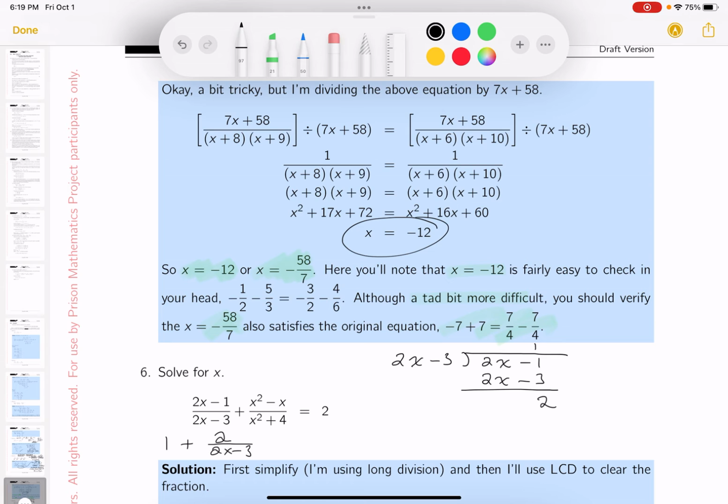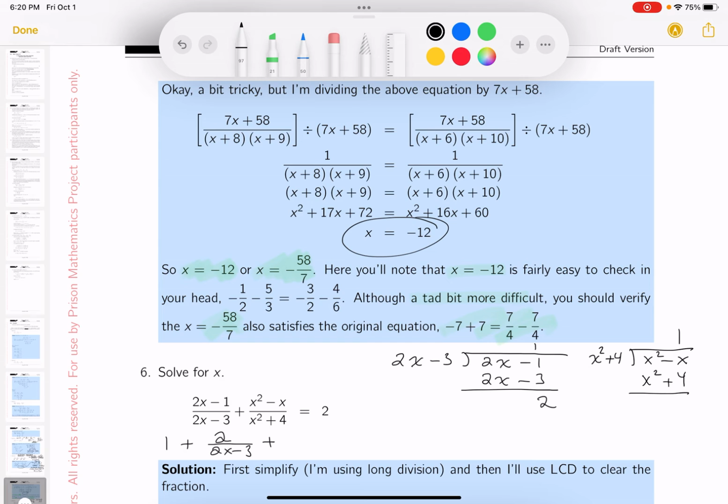Let me keep going. I'm going to do the next guy. All right? Now, someone's going to say, why would you do the next guy? I have to. If I did that division, I got to do the other one. Let me write it down for you. I'm saying x squared plus 4, I'm dividing that into x squared minus x. I'm going to say one time. What do you get? x squared plus 4.